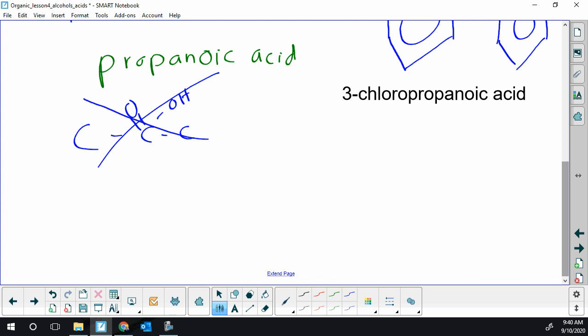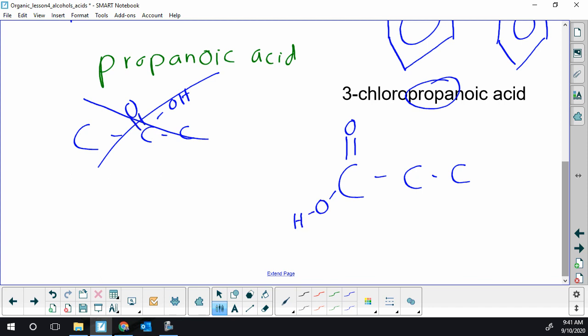3-chloropropanoic acid. Prop, 1, 2, 3. Oic acid, C double bond OOH, doesn't matter what side. I tend to go on this side a lot. I'll go to this side. I'll do a full structural diagram.